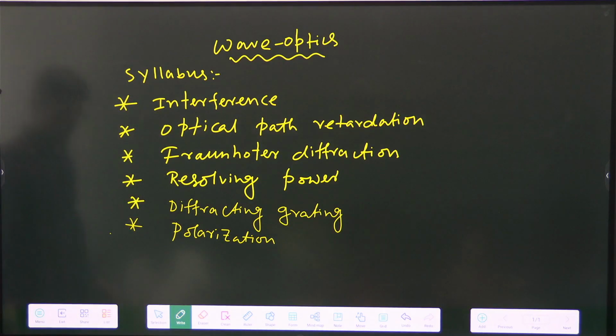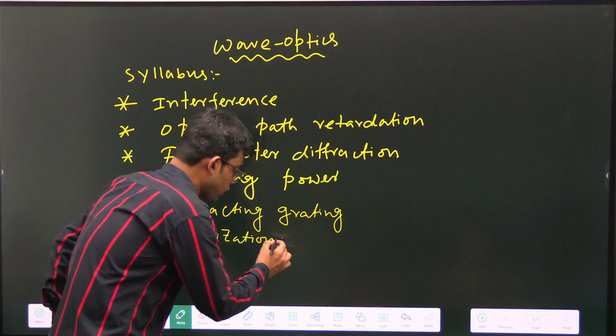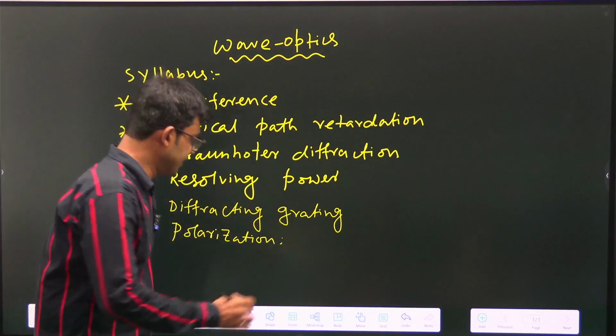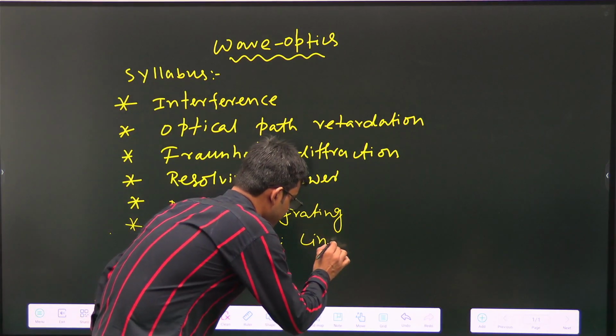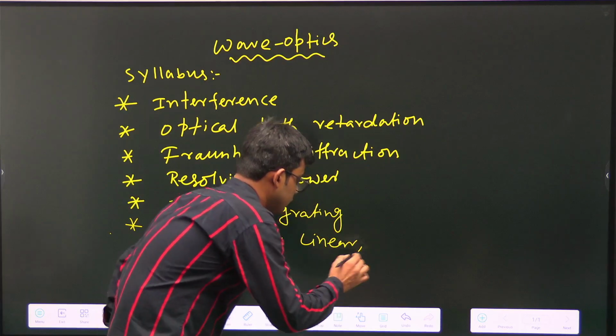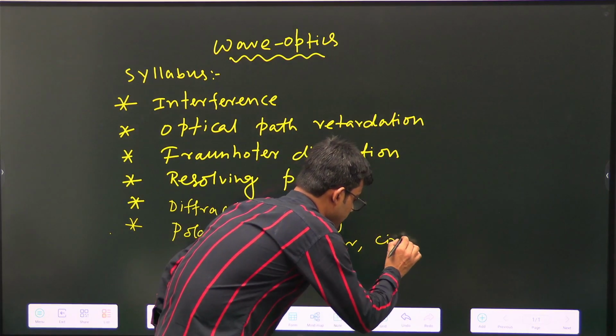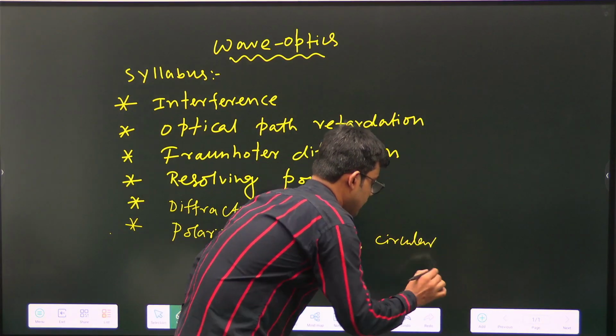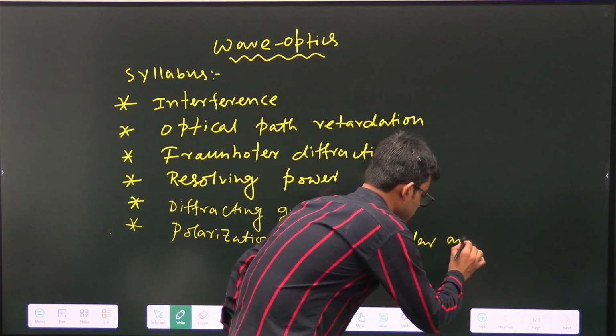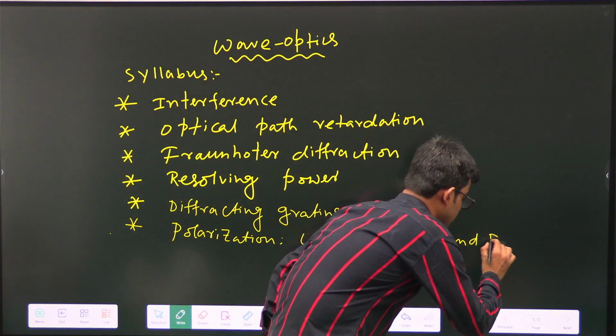Polarization, what kind of polarization do you have? You have linear polarization, then circular polarization, and elliptic polarization.